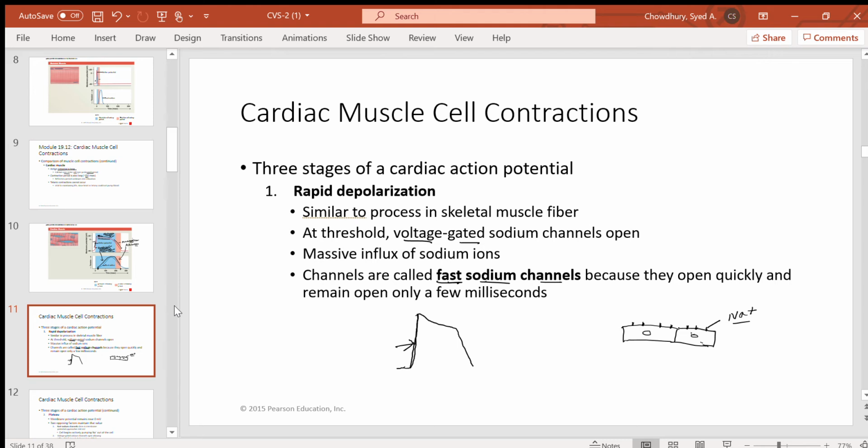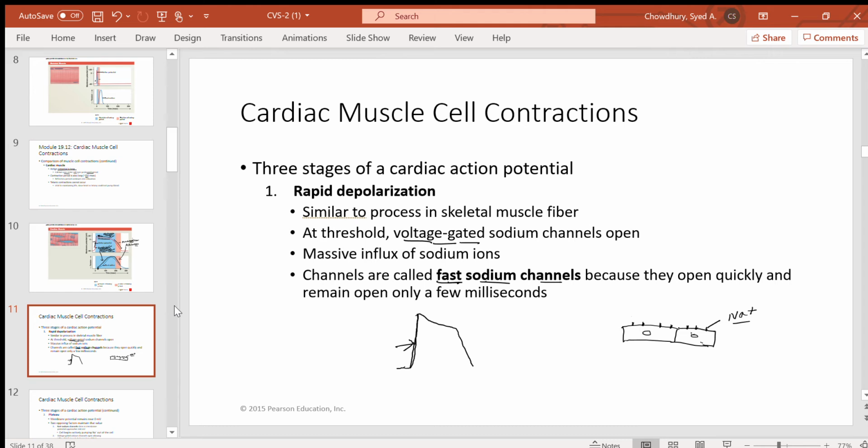First, fast sodium channels, and slow sodium channels. In the cardiac muscle fibers, these channels are fast. Why? Because they are voltage gated. And when the electrical signal arrives, you remember the conductive system produces and transmits the electrical signal.